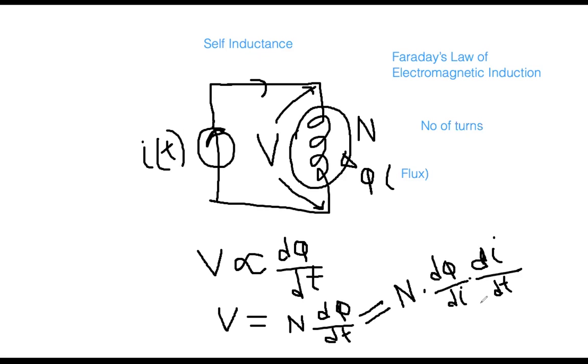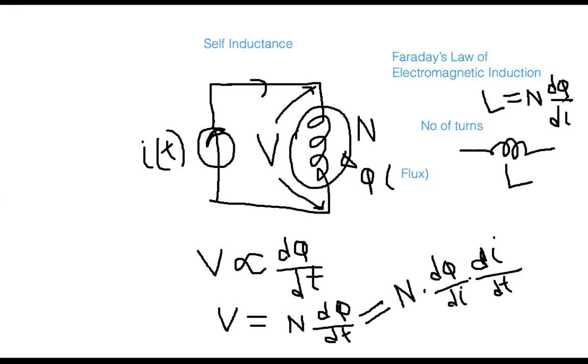Okay. So now, what is the definition of inductance? For example, we have a coil. What is the meaning of inductance? When the current cuts the magnetic field, yeah, right. So therefore, L is N d phi by di.